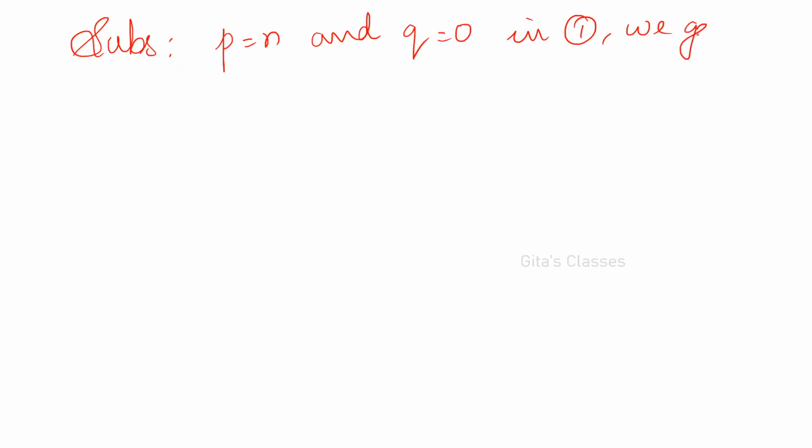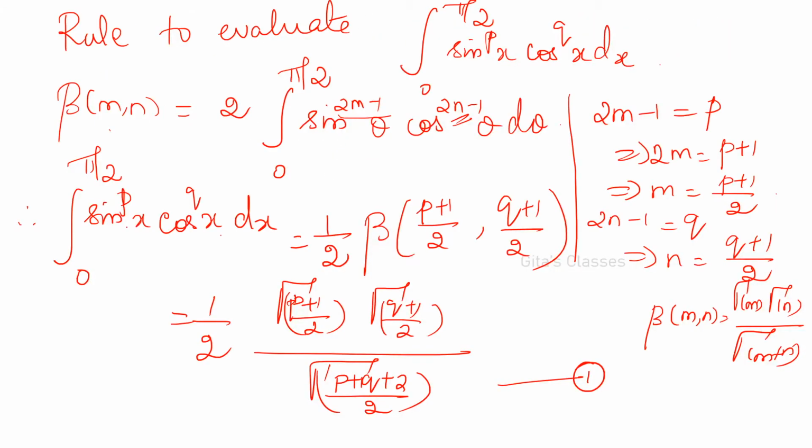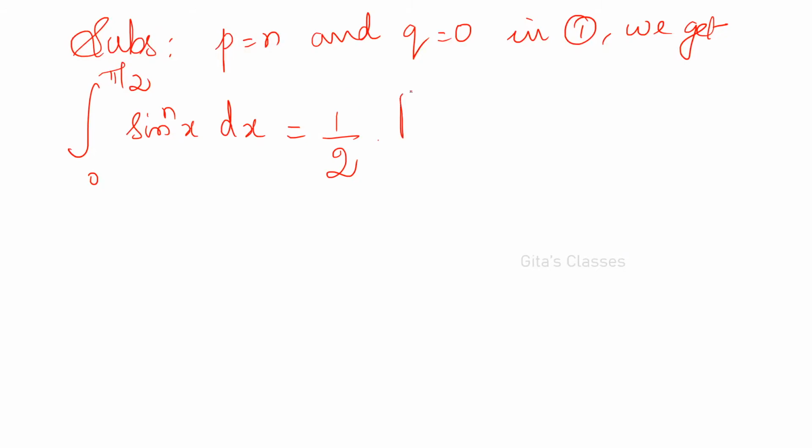In particular we can substitute p is equal to n and q is equal to 0 in equation number 1. What will you get? Integral 0 to pi by 2 sine power nx into cos power 0x, which will be 1. So sine power nx dx is equal to 1 by 2 into, according to this formula, gamma of n plus 1 by 2, in the place of p I have n.